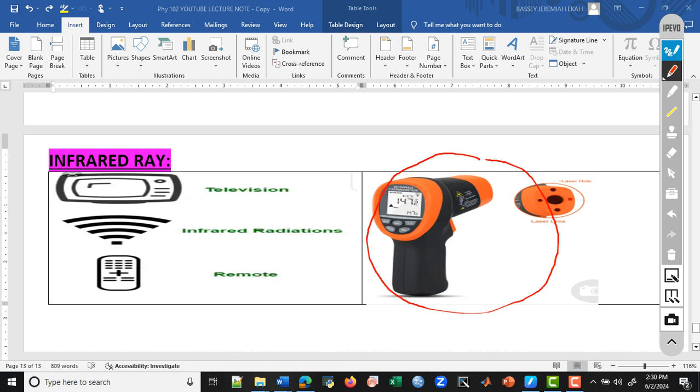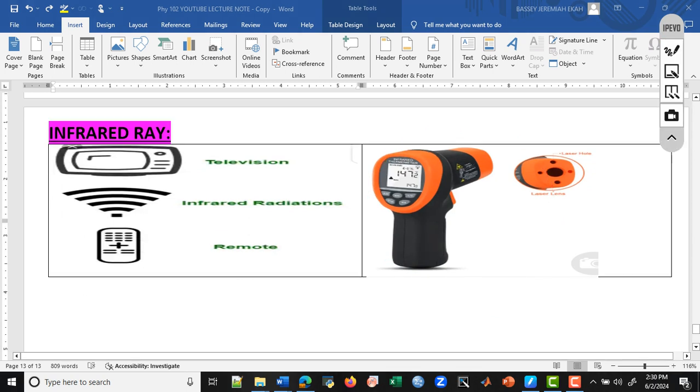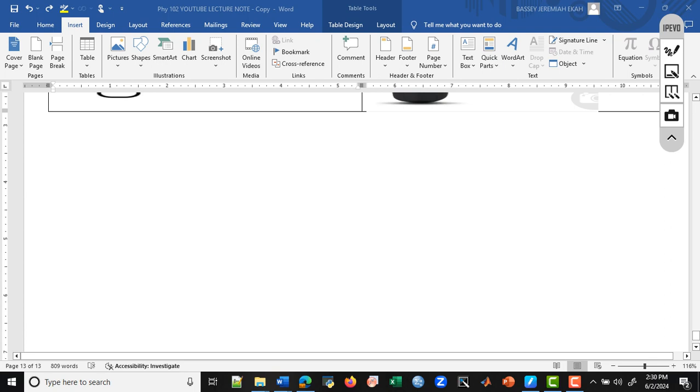Let's look at other explanations. The infrared radiation starts from the longest wavelength of visible light. What is the shortest wavelength of visible light? You have to think about that.